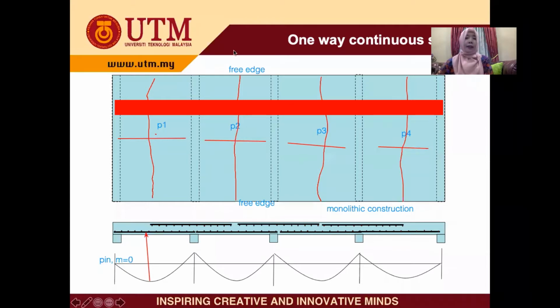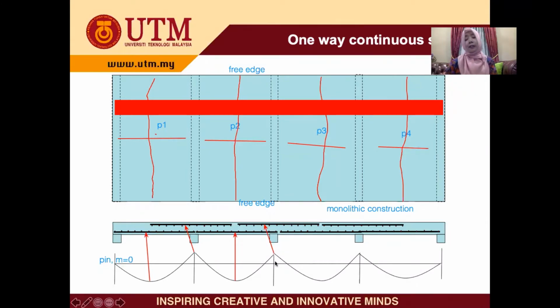And then for the moment at the support, you will get this moment, the bold one, and this is also called main steel, at the span and at the support.